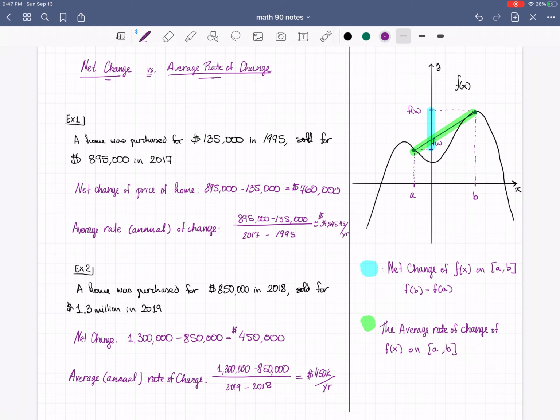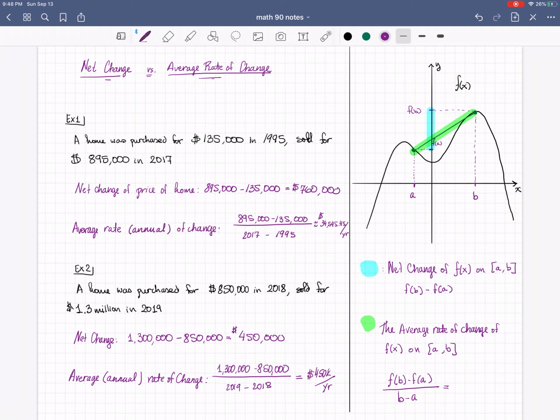What I hope you remember, but if you don't, here I am repeating it, is that the slope is the ratio of the change in the y-coordinates over the change in the x-coordinates. So that will be f of b minus f of a over b minus a.